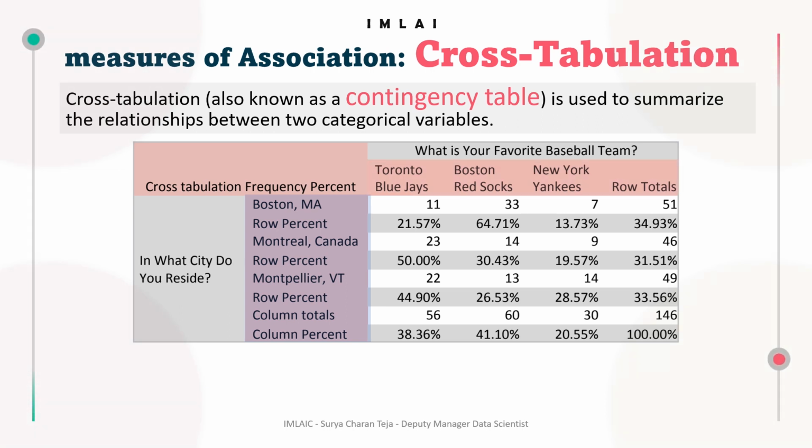The question that arises is: are city of residence and being a fan of that team independent? That's the question that should be answered here: are city of residence and being a fan of that team independent or dependent? That's what will be answered here.